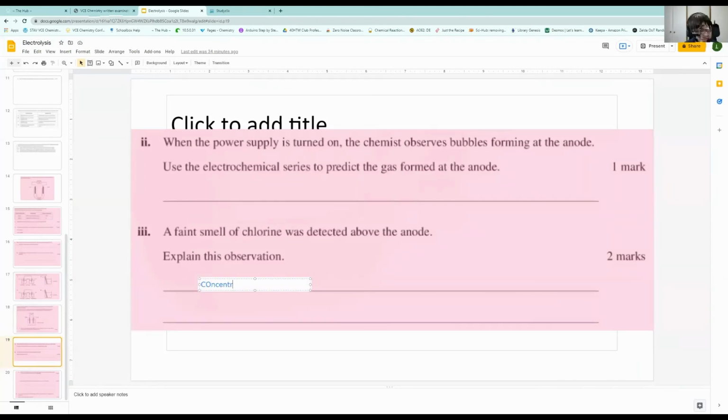So the concentration of chloride is higher than 1 molar, that used in the electrochemical series, bringing the oxidation potential of chloride close to that of water, resulting in both occurring simultaneously.